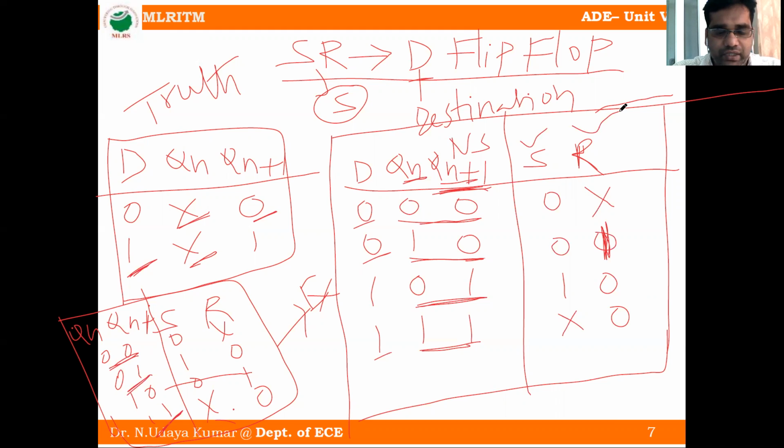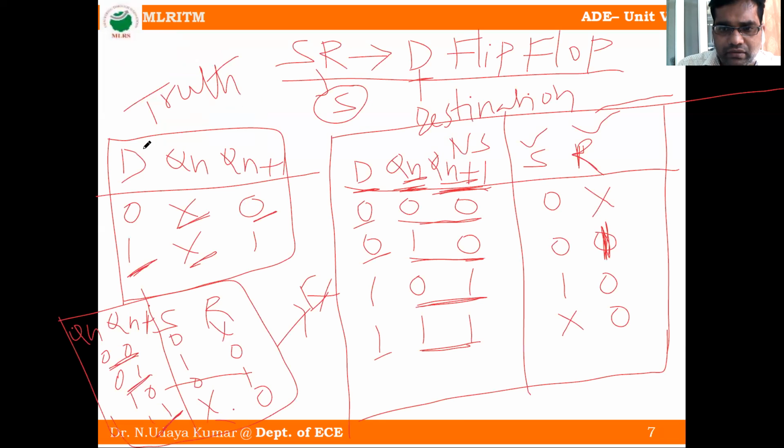How to find the expression? Here we have only two inputs, D and the feedback input Qn, so it is a two variable K-map. So this is the two variable K-map for S. This one is D, this one is Qn, 0 1, 0 1.